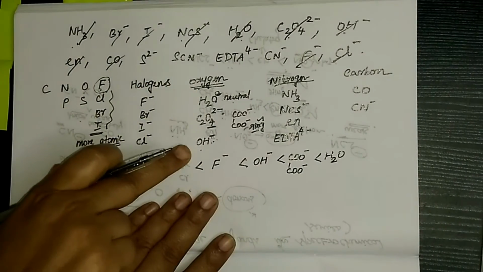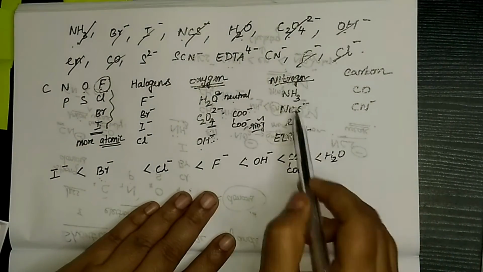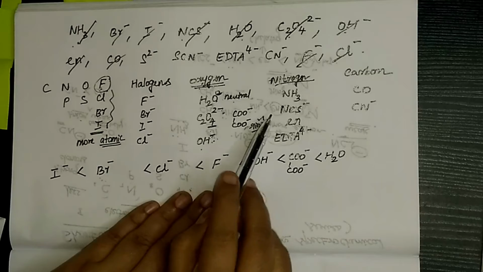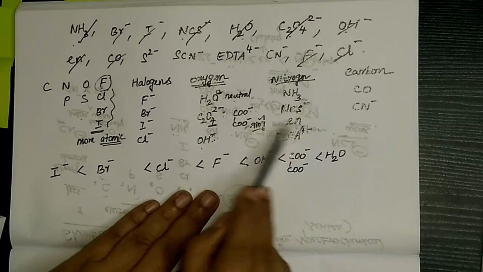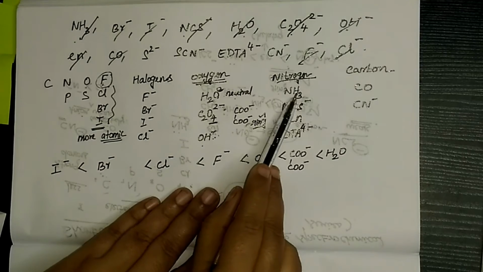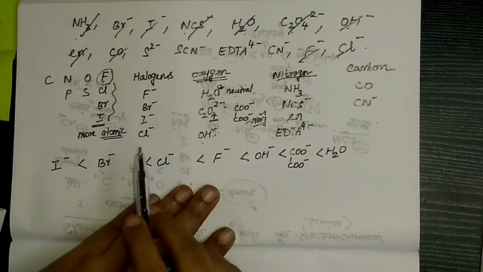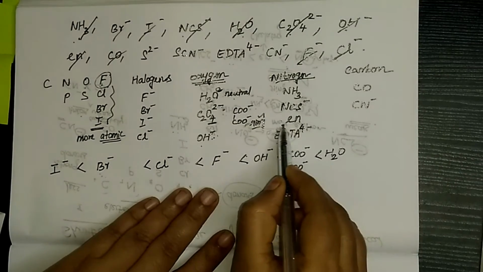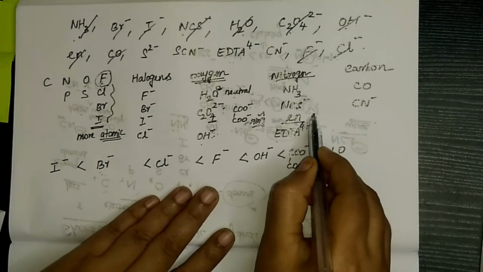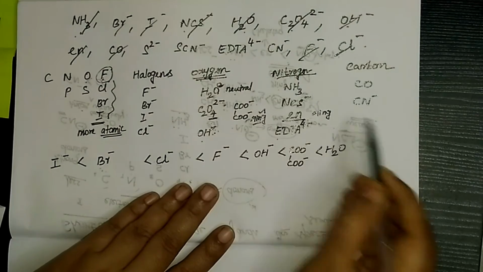So we completed oxygen. Next, coming to nitrogen. See nitrogen here, you have negative charge and negative charge. And you have NH3 with a lone pair and en with a lone pair. In these 4 things, this is having a lone pair and it is also having a ring-like structure.